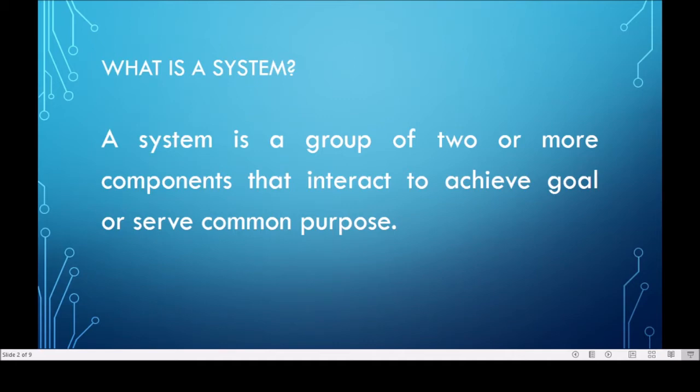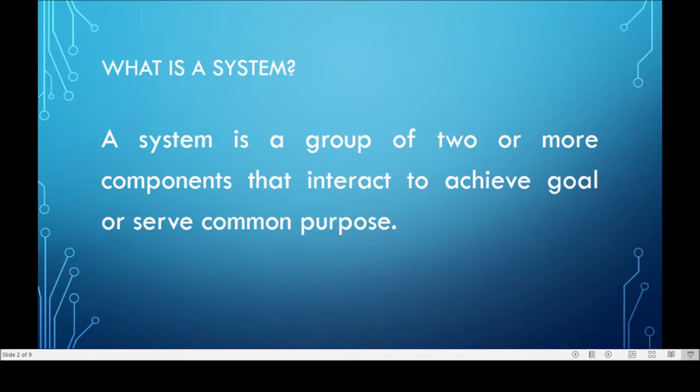The system cannot achieve its purpose if one component is missing. For example, a string is a component, and then the yo-yo itself is also a component. Without the string, the yo-yo cannot achieve its purpose. Okay? So that's a system. A system is a group of two or more components that interact to achieve a goal or serve a common purpose.